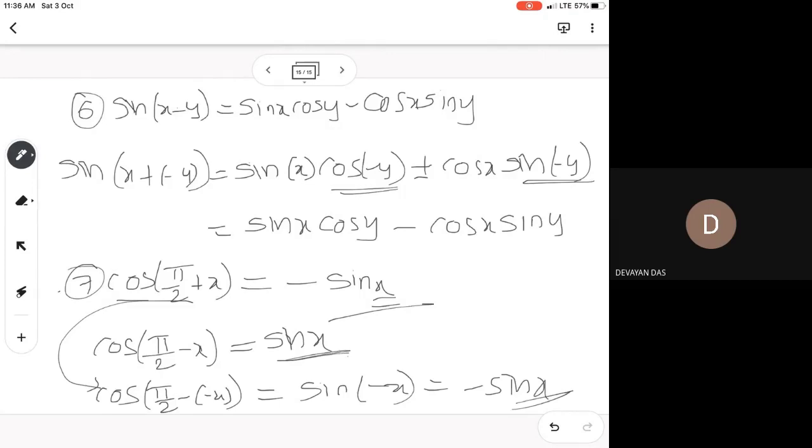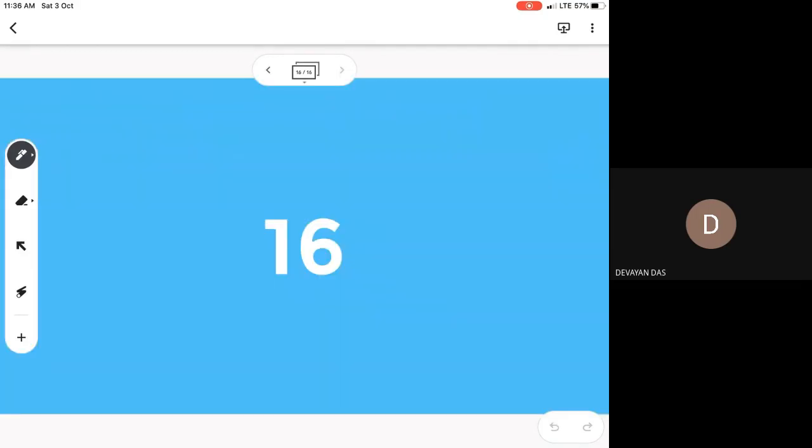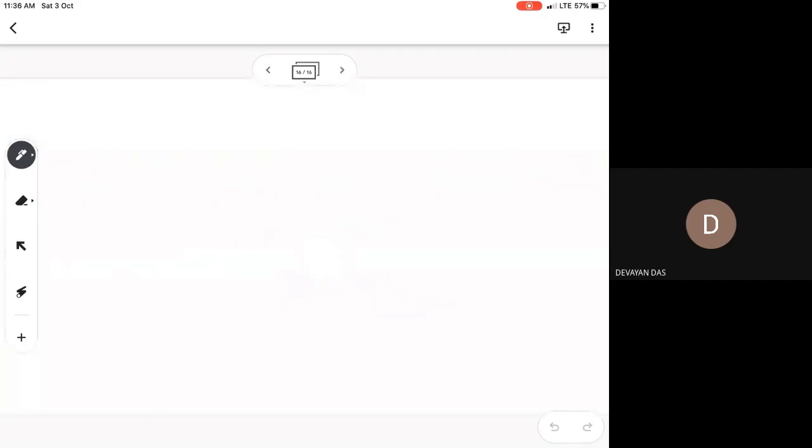That is the given result. Is it okay? Yes, sir. Understood? In the same way, the remaining results, sin of (x plus y), cos of (x plus y), all the results you can prove. It's not very difficult to do. All these identities, you should be ready to say fatafat.